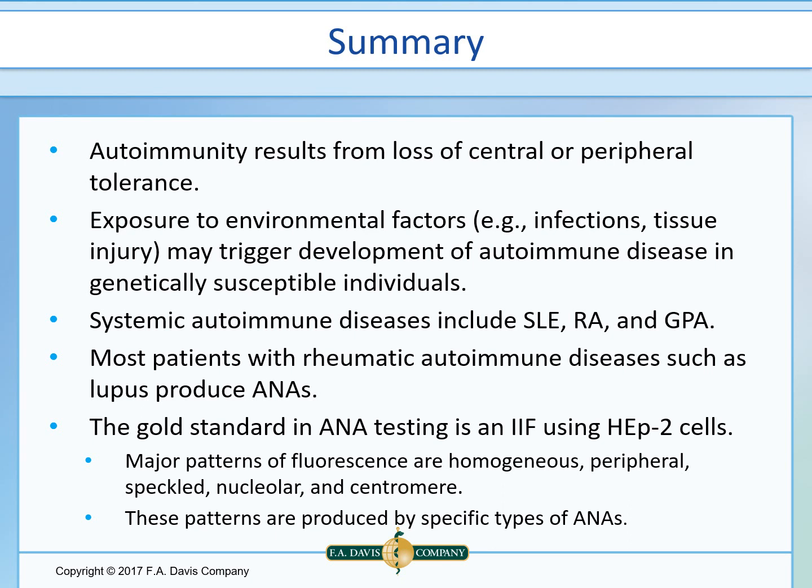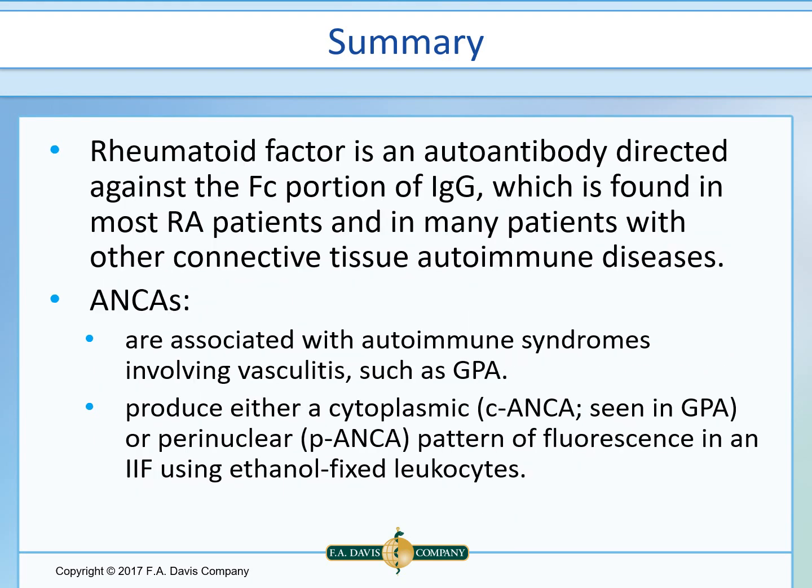So remember, there are several major patterns that can be observed with the fluorescence, including homogeneous, peripheral, speckled, nucleolar, and centromere. These patterns are produced by specific types of ANAs. Rheumatoid factor is an autoantibody directed against the fragment crystallizable portion of IgG, which is found in many RA patients and in many patients with other connective tissue autoimmune disorders.